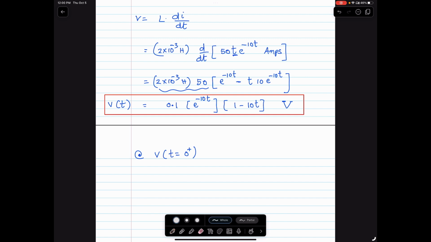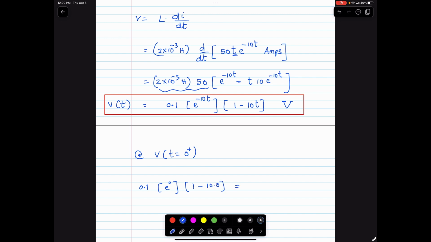What I get is 0.1 times e to the negative 10 times 0, so that is e to the 0, times 1 minus 10 times 0.